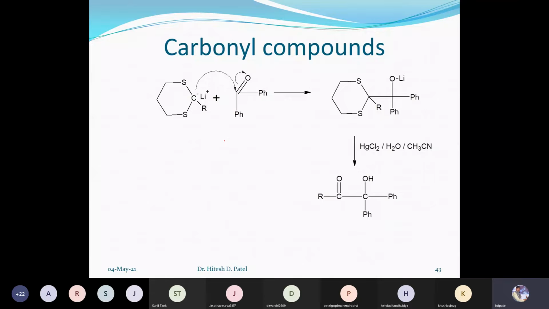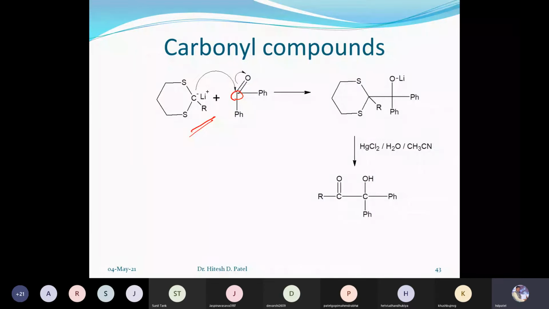Suppose we start with a ketone, benzophenone, C6H5C=O C6H5. In this compound, what happens when we add the lithium 1,3-dithiane compound? Here transfer of electrons from carbon to oxygen will take place. As a result, this carbon becomes electropositive.